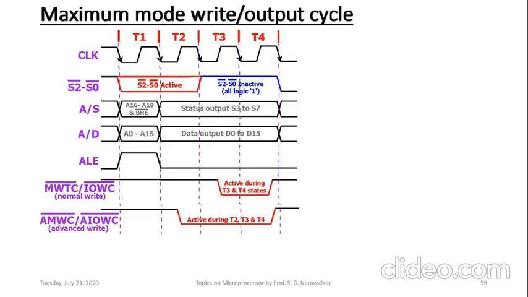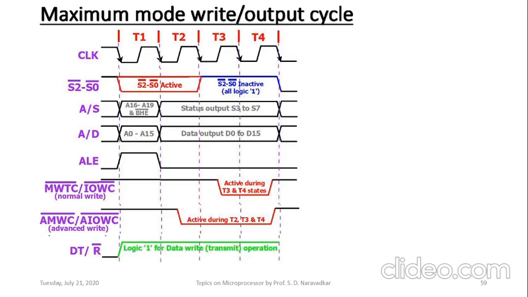Now both these signals need to be shown here, normal as well as advanced write, because we don't know really, in the maximum mode design of memory and IO systems, whether it is the connection of normal write signal or advanced write signal. So both these signals are to be shown in that particular timing diagram.